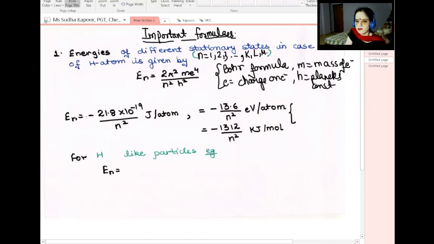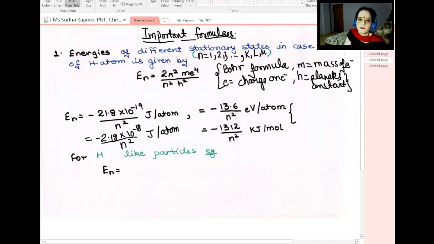All of you must be knowing the value of Planck's constant, that it is equal to 6.626 into 10 to the power minus 34 joule second. And now when we put all these values, the formula for energy comes out to be minus 21.8 into 10 to the power minus 19 upon n square, when it is given in joule per atom. We can also write it as, in most of the questions we take it as, 2.18 into 10 to the power minus 18 upon n square, where n represents the orbit number, in joule per atom.